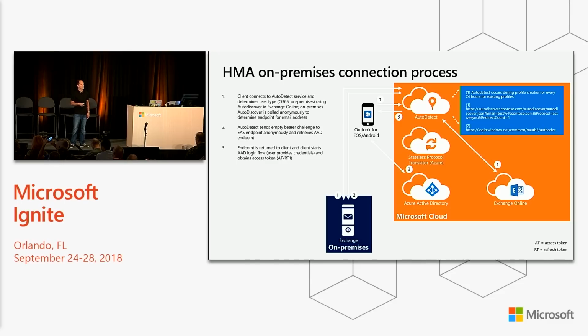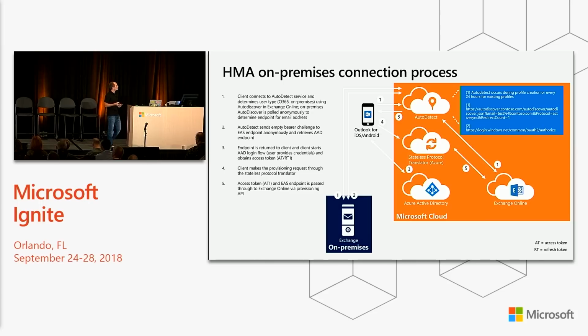Ultimately, what will happen is that we will obtain an access refresh token pair that will then be passed, and we will begin our data synchronization flow. Upon hitting Exchange Online, because AutoDetect passed certain information as part of the setup that this is an on-premises mailbox, that will kick off a provisioning API within Exchange Online, the MRS service.